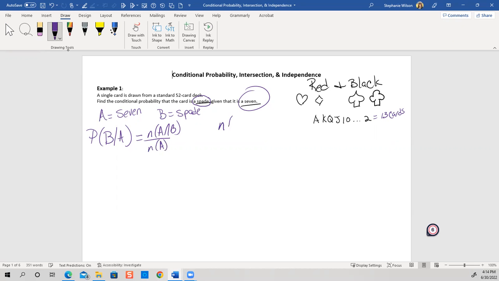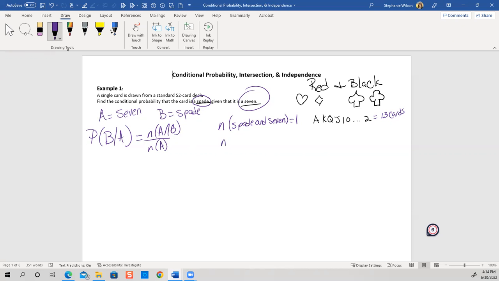What is the number of elements of spade and 7? Well, in a group of spades, there's ace, king, queen, jack, 10 through 2. There's only going to be 1 7.